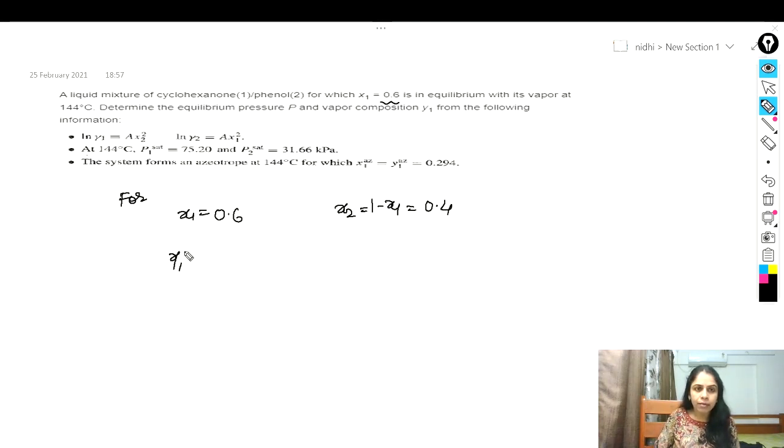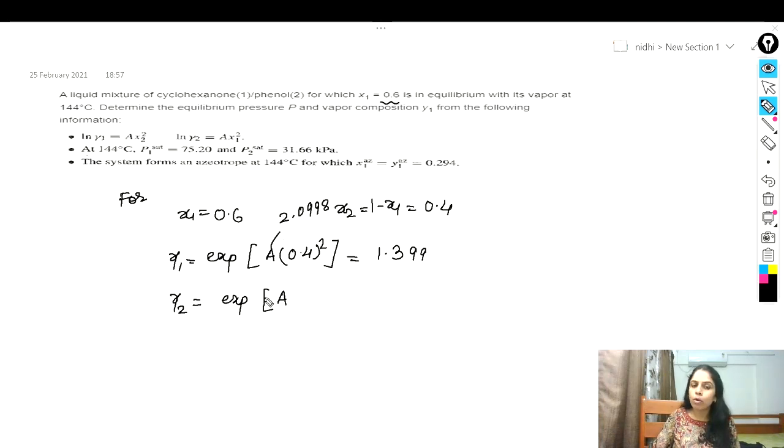And now gamma 1. From the given relation, we know it is the exponential of A times x2 square. The x2 square is 0.4 squared, so you will get the value 1.399. This is the activity coefficient of component 1. Similarly, gamma 2 is the exponential of A, and we have the value of A, which is 2.0998. And you have to take it as positive because it's a constant.